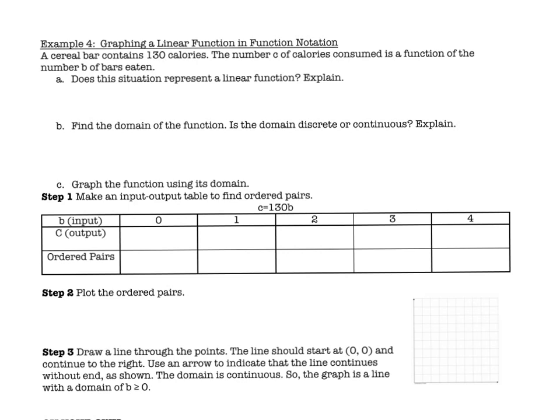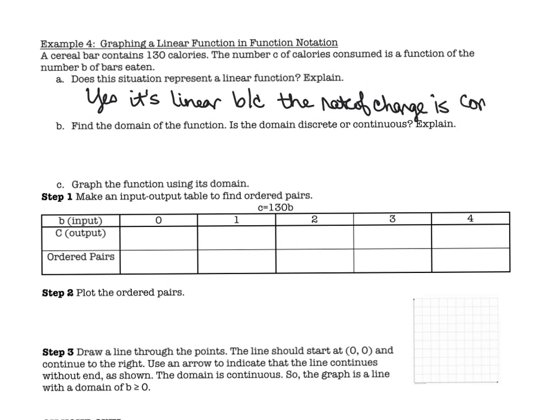You eat another bar, it's another 130 calories. So this is a linear function. Yes, it's linear because the rate of change is constant. For every bar, it's 130 calories.